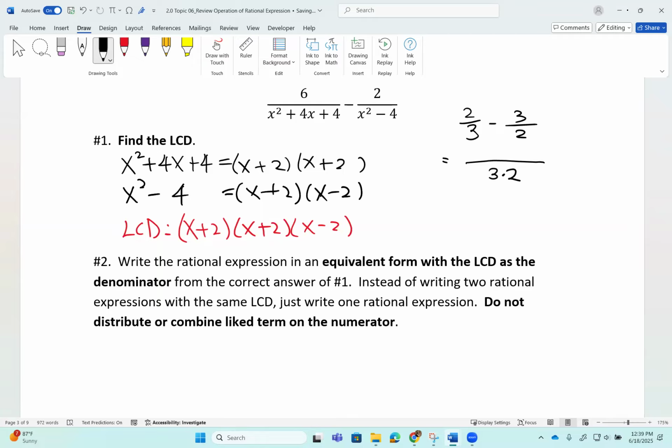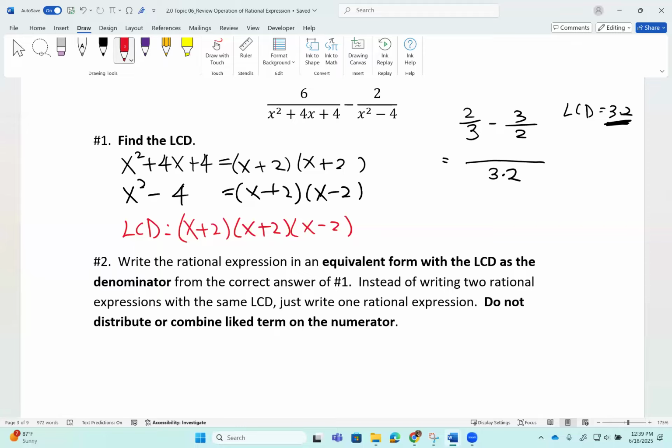So I'm going to write down LCD. What does the LCD have that the first denominator does not have? In other words, the first denominator needs to multiply by how much to become the new LCD? You can just compare and contrast. The first denominator is missing a 2.